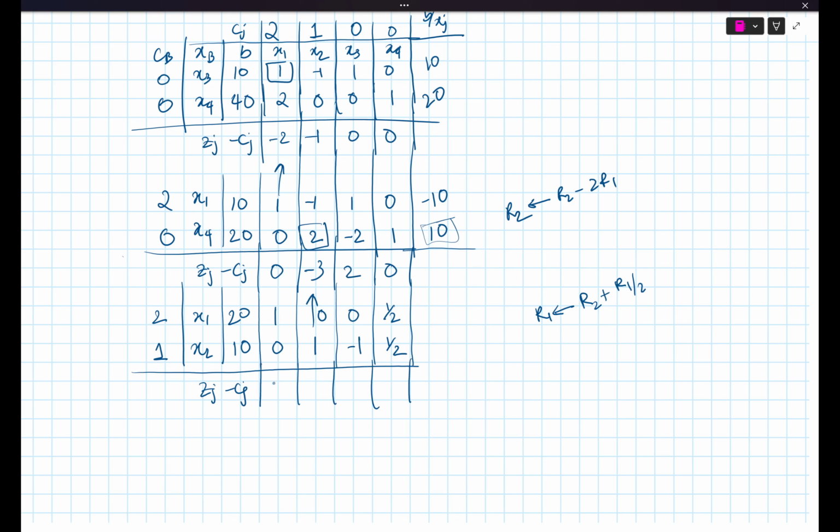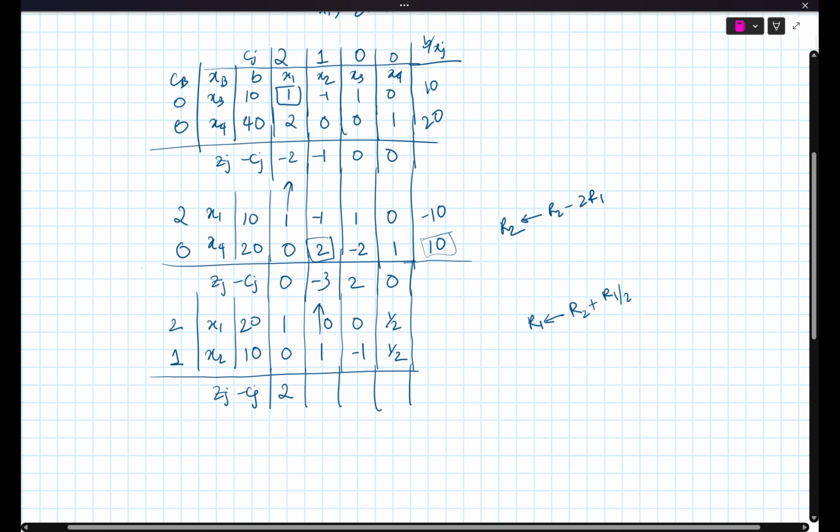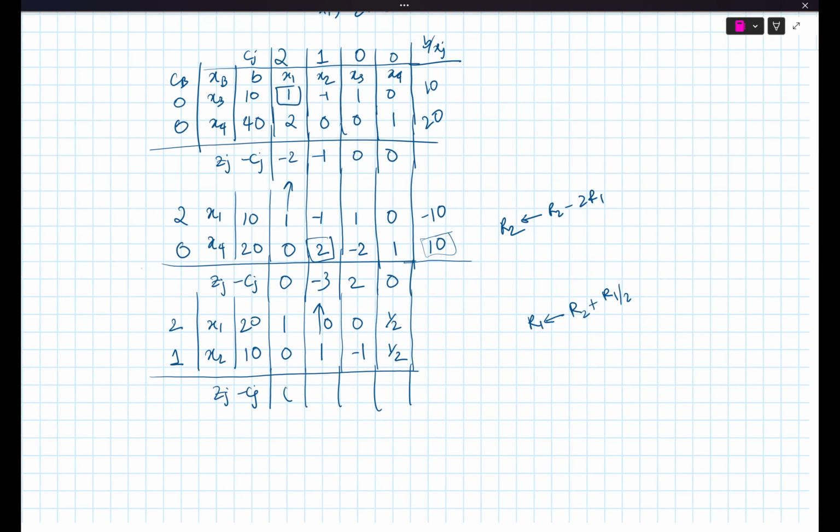Get 2, 2 minus 2, that is 0, 1 minus 1 is 0, minus 1 and half.